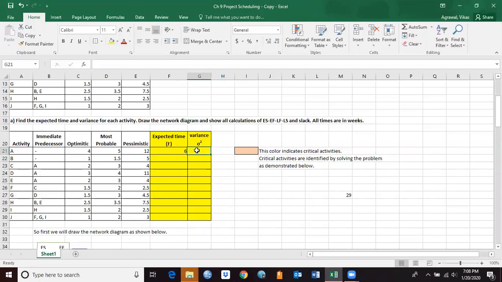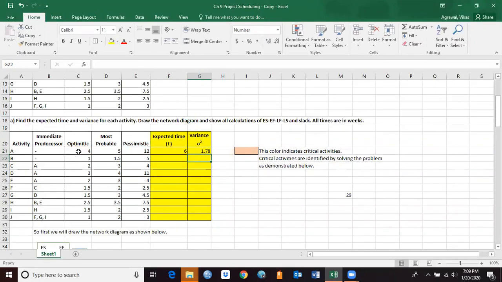Likewise, we can calculate the variance for activity A, which is given by pessimistic time minus optimistic time, divided by 6, and whatever result is there, we have to raise it to the power 2 to get the variance.